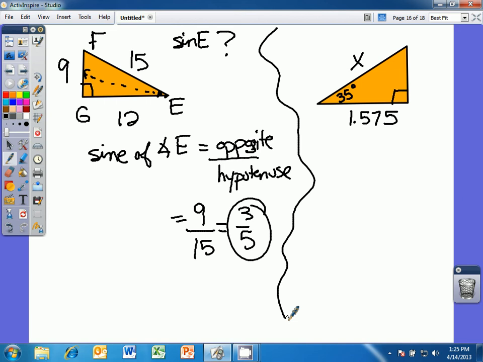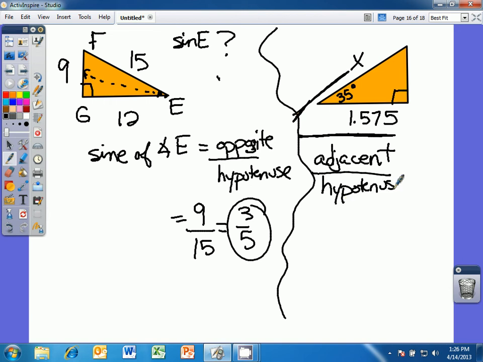That's what we looked at on this first example. And over here, we're going to have to figure out which one of those three ratios we need to use. So if we take a look at the figure, let's see what information we're provided with. We are provided with 1.575. This is the side adjacent to the angle measurement that we know. And we don't know, but we're looking for, the hypotenuse.